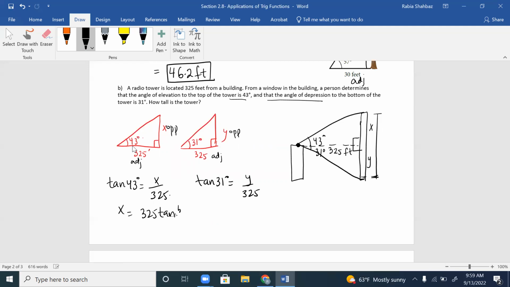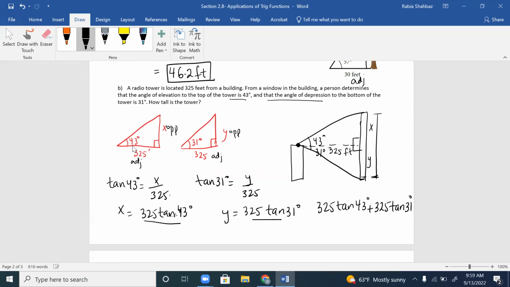I'm doing both simultaneously because I'm going to put them into the calculator together. It's best to not round, and just round at the very end. Basically, I have to add these two up to figure out the whole height of this radio tower. In fact, I can factor out 325, but let me just write it like this.